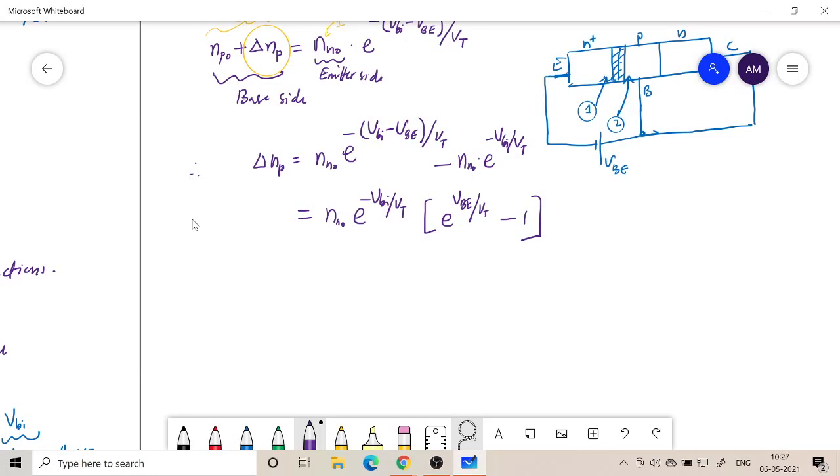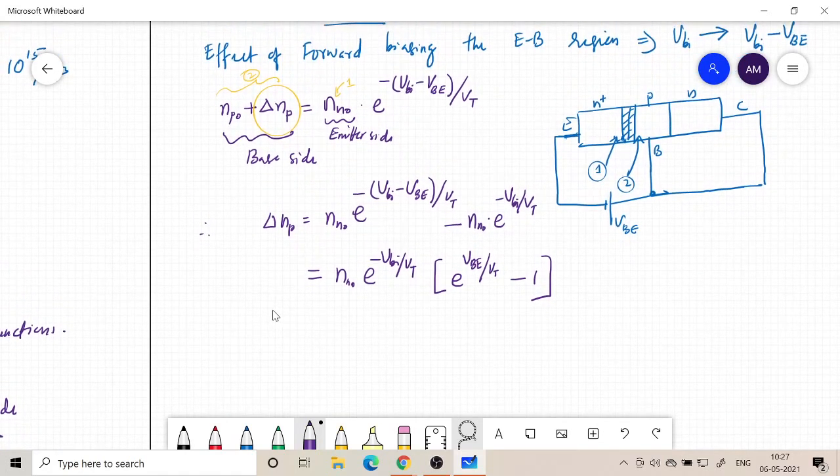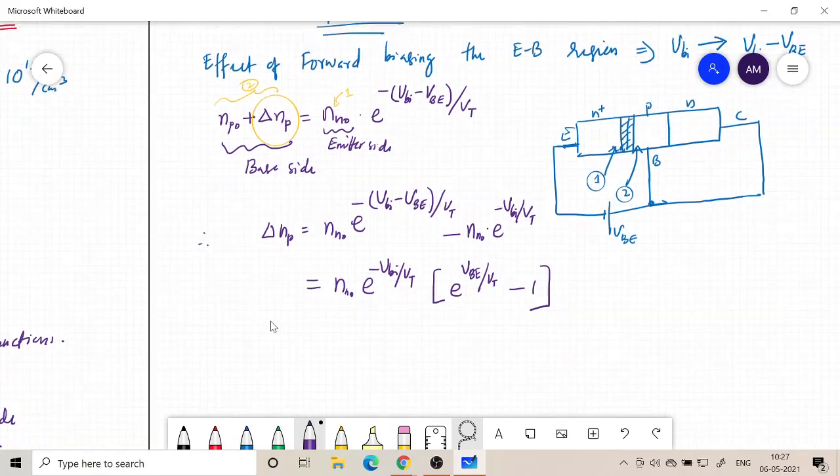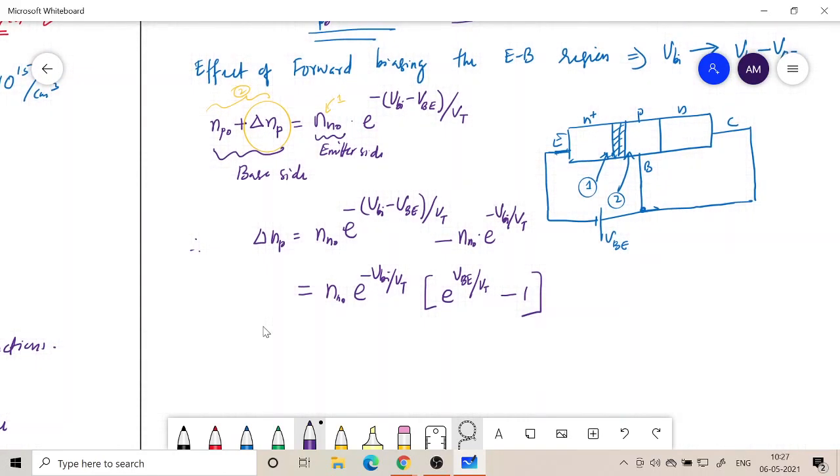Okay, now what is Nn0? So what is going to be Nn0? To look at what this quantity is, we have earlier looked at that quantity.